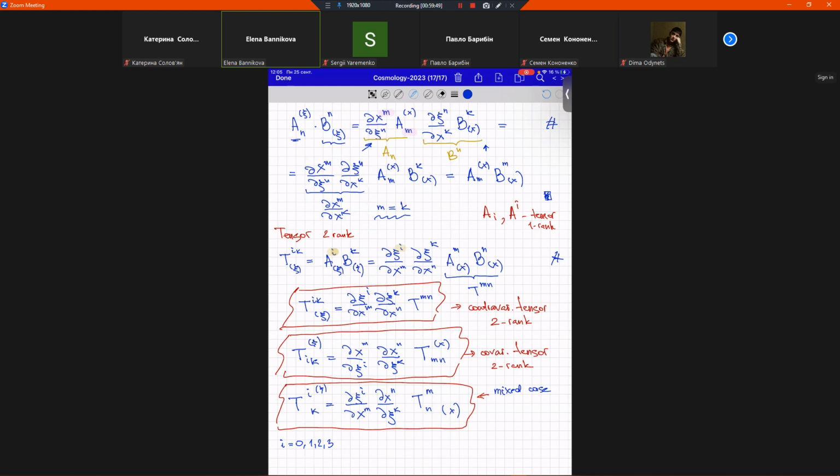Tell me. For example, a vector is a tensor of the first rank. We need a tensor of the second rank. Okay, so 16 components. Of course, we will have 16 components. Yes, 4 multiplied by 4, so 16 together.